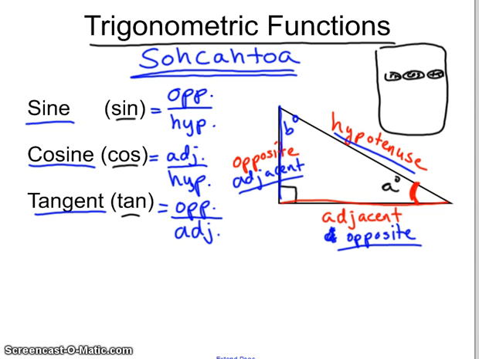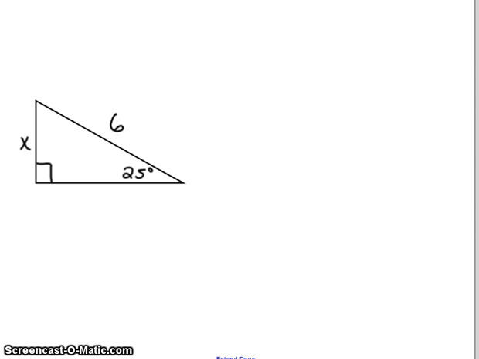So, SohCahToa: sine is opposite over hypotenuse, cosine is adjacent over hypotenuse, and tangent is opposite over adjacent. Let's see how this looks with some examples. We'll go to our first example.